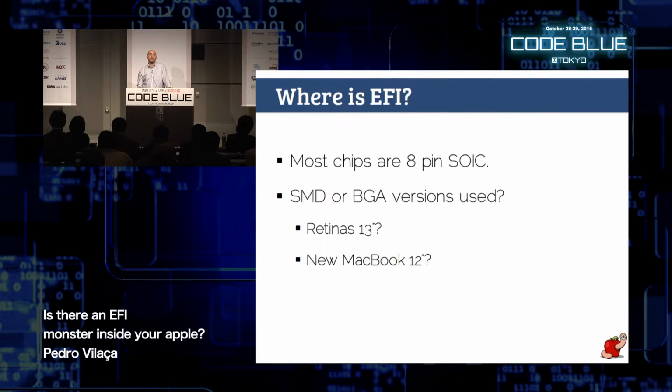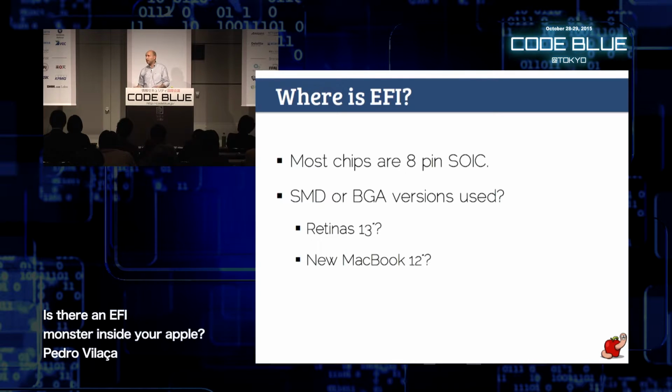This brings a problem because with the SOIC you just need test clips or a probe, a clip which you plug into the chip, and you are connected. With SMD, it's soldered, so you usually cannot connect a probe. And BGA is even worse because the pins are underneath. They sit on small balls.